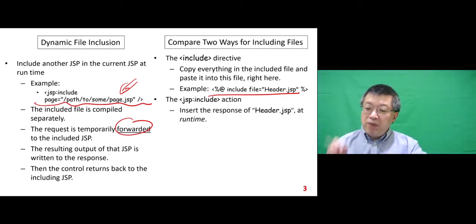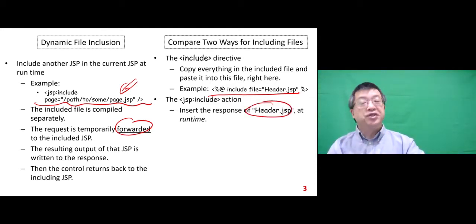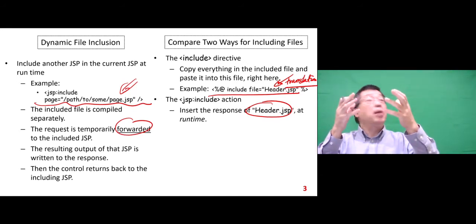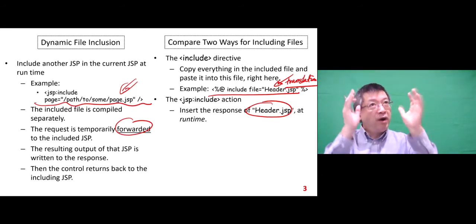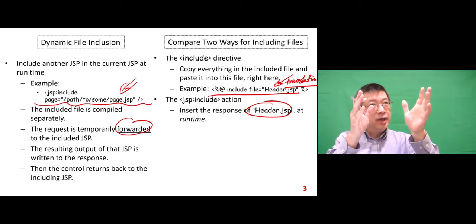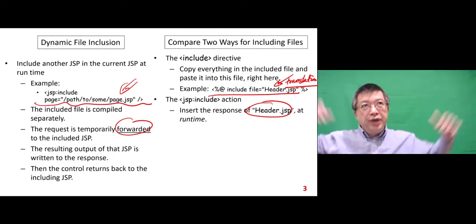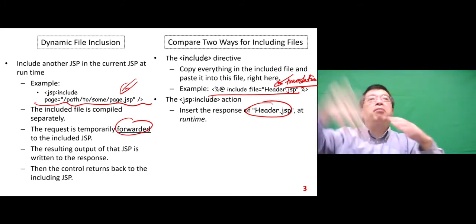You insert the response, the output of that header.jsp at runtime. The directive include happens at translation time: you copy and paste, treat the whole new file as a new JSP, and compile the whole thing.